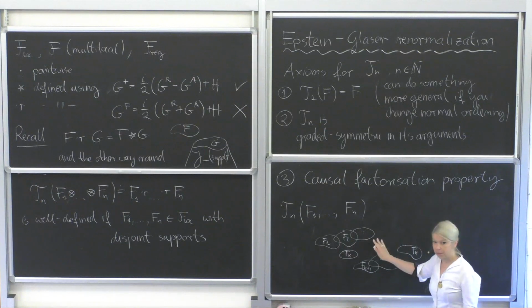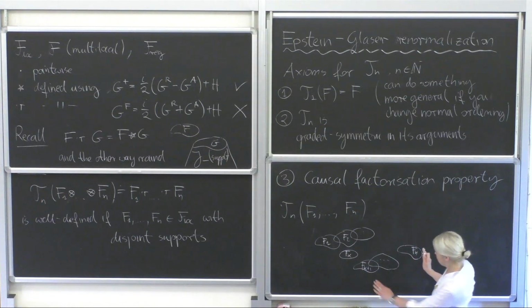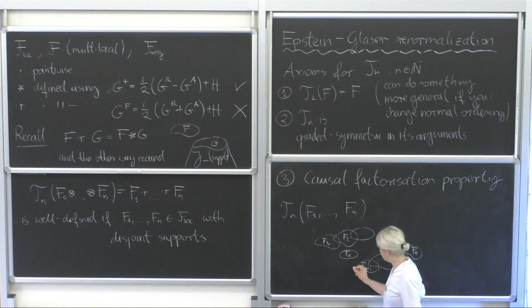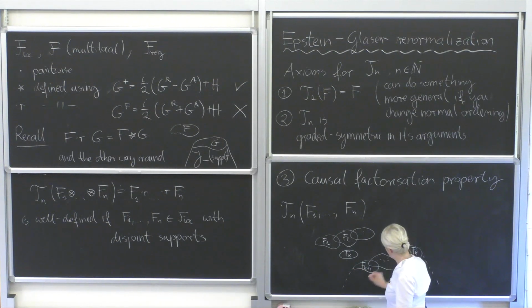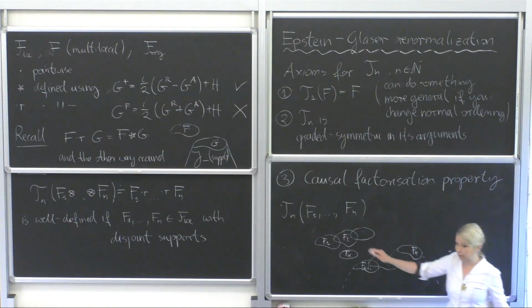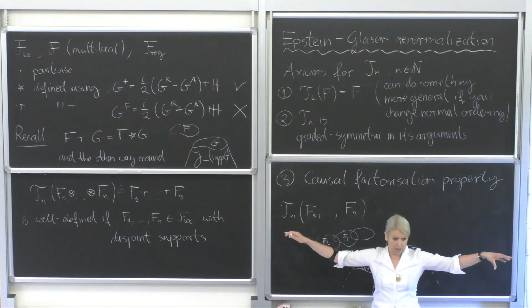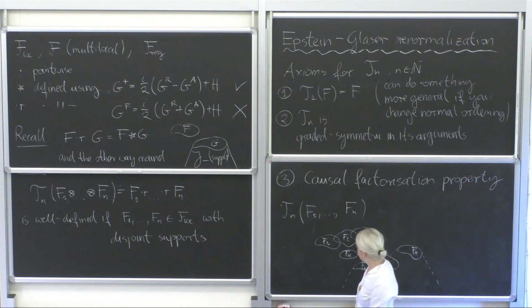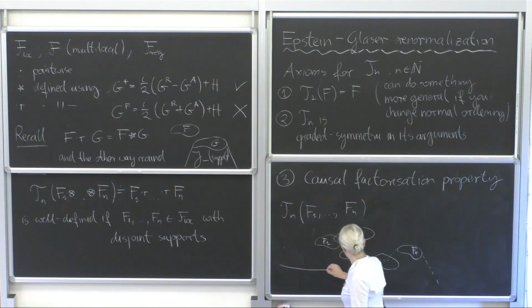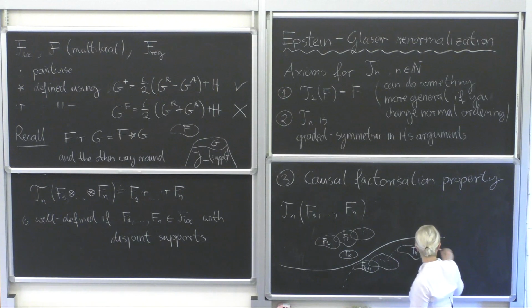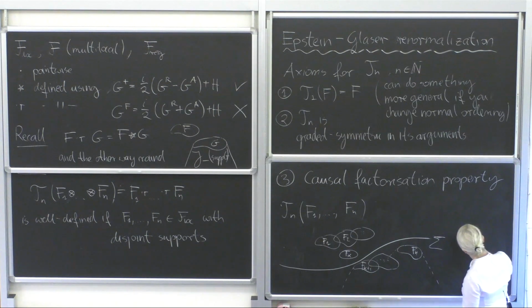I want these guys not to intersect the past of these. So you can see that they're in the future or space-like. So in the future or elsewhere. Another way of finding out if I have this configuration, well, I can draw a Cauchy surface that separates them. So separated by a Cauchy surface.